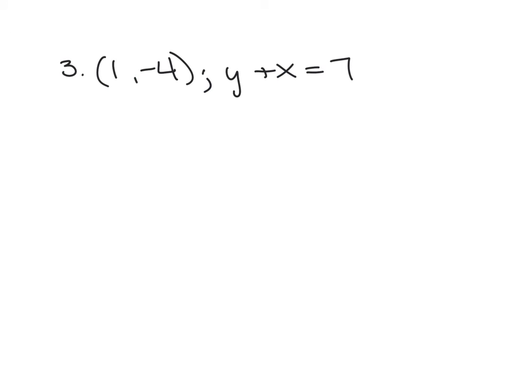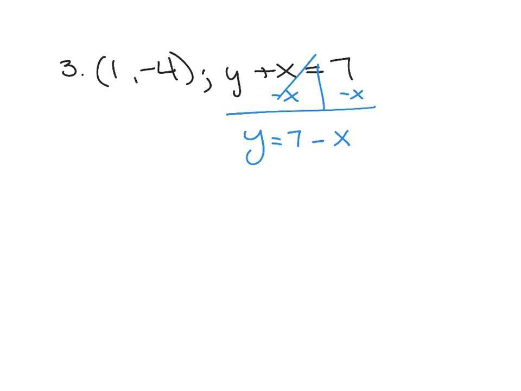All right, in our last one, we're going to write an equation that is perpendicular to y plus x is equal to 7, and it goes through the point 1, -4. So first of all, before we do this one, to identify the slope, we have to solve for y. Y is not by itself. So y is going to be equal to 7 minus x.